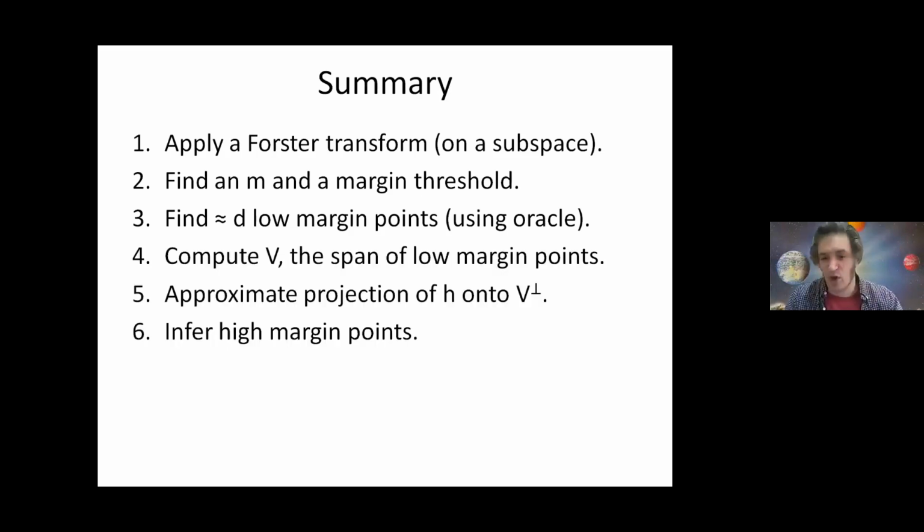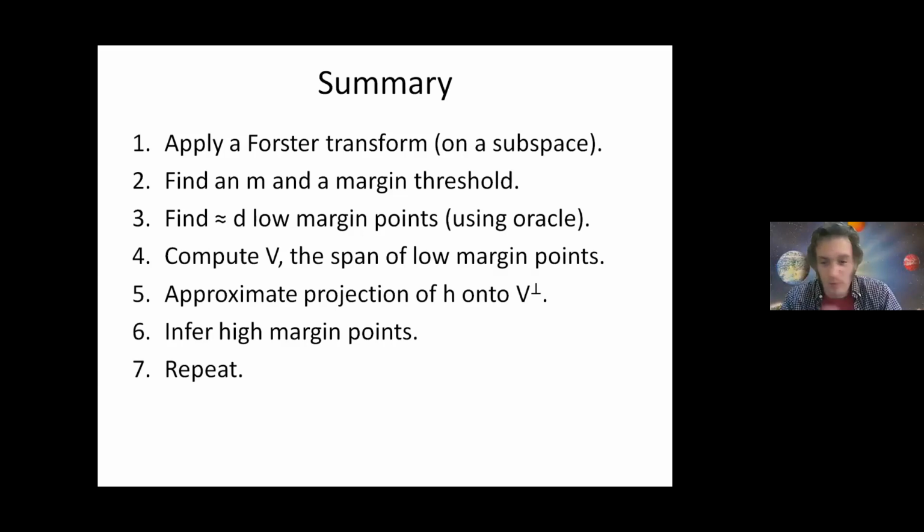Then we use those low margin points, find their span to get this subspace V. We approximate the projection of H onto V perp, and then we use the fact that these points spanning V were low margin and the fact that we've got a good approximation of the projection of H onto V perp to infer the values of the high margin points.